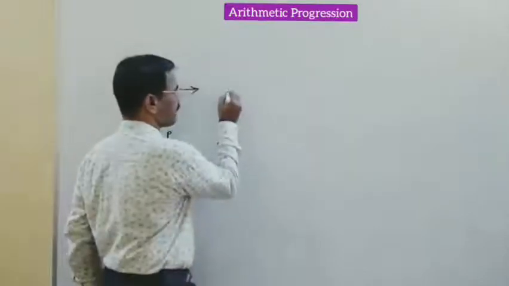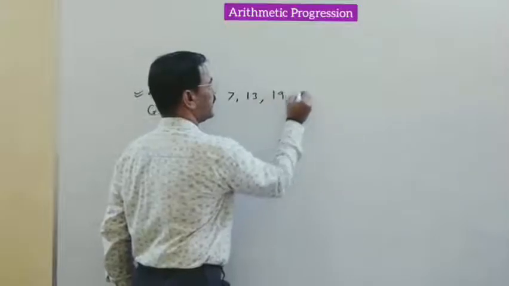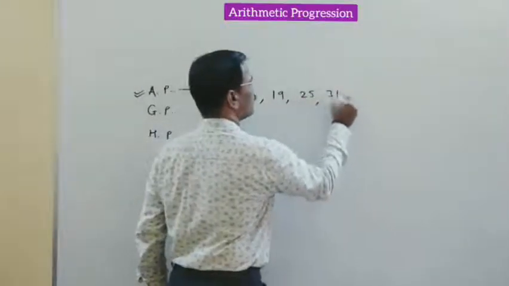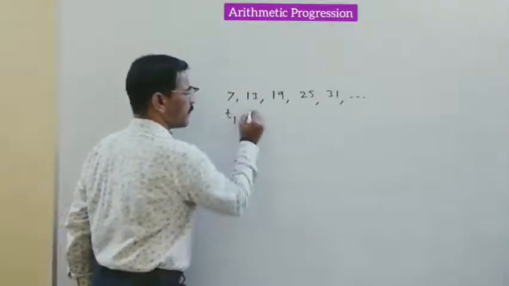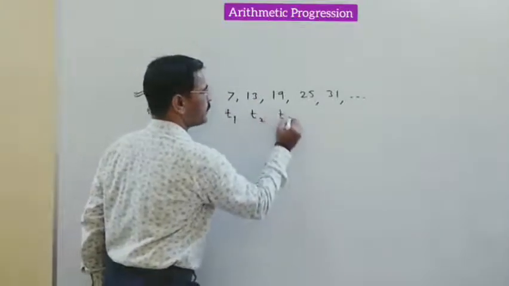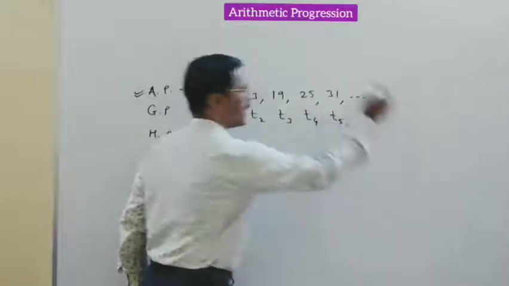That means, look here, I will take one example: 7, 13, 19, 25, 31, like this. Look here, this is the first term, second term, third term, fourth term, fifth term, and so on.